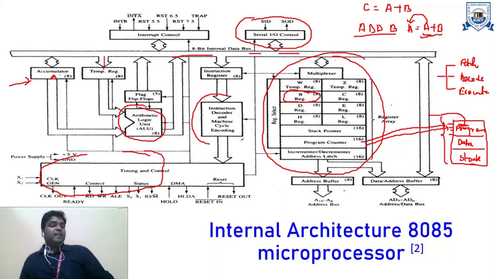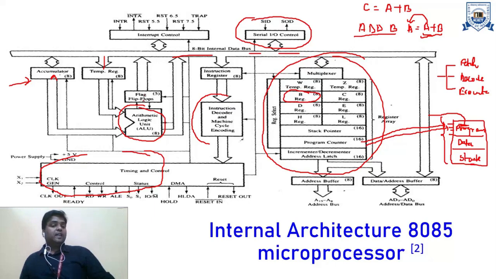Here we have the flag flip-flops also. They basically provide the status of the result. After arithmetic and logic operations, whatever result is available, is it zero or non-zero? Does the result contain a carry or not? How many parity bits are available? All these statuses are identified via the flag flip-flops.